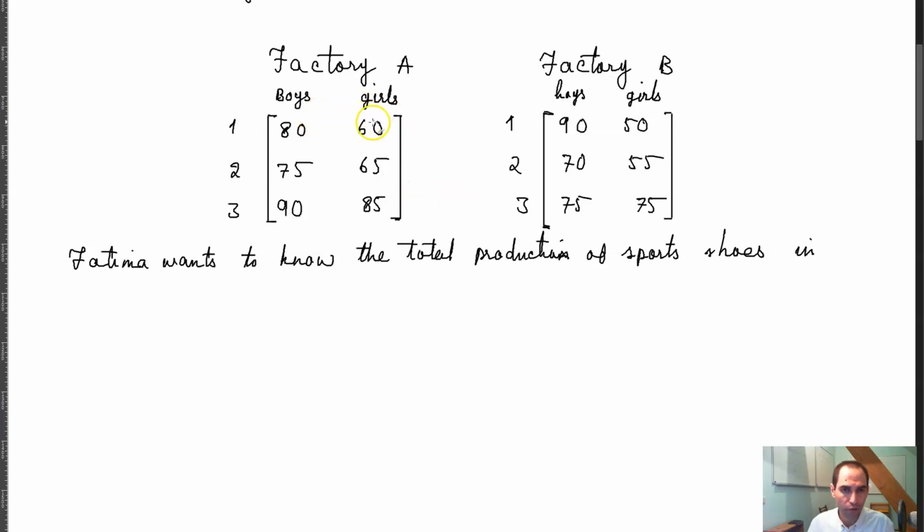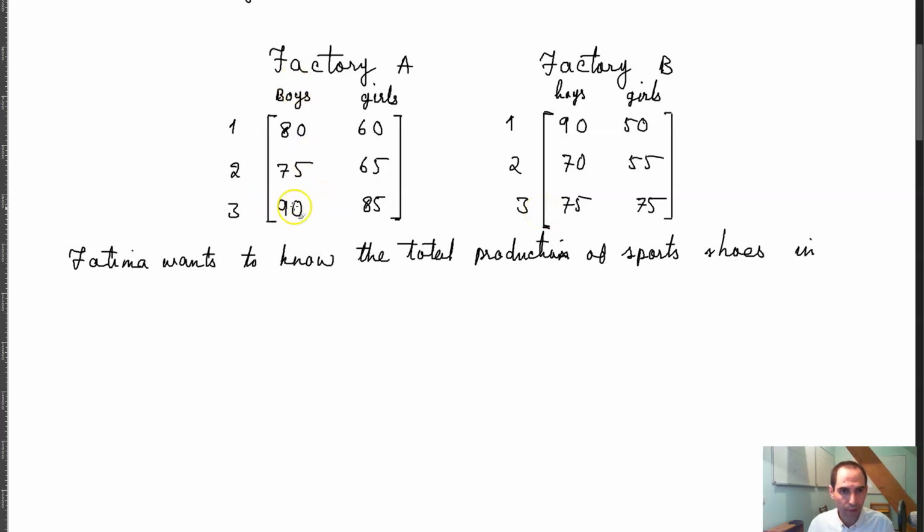And likewise, I want to add the production for price category 1 for girls at factory A to the production for price category 1 for girls at factory B. Add those two together. And then I want to add, for example, 75 and 70 together. And then I need to add 65 and 55 together, because these numbers simply go together.